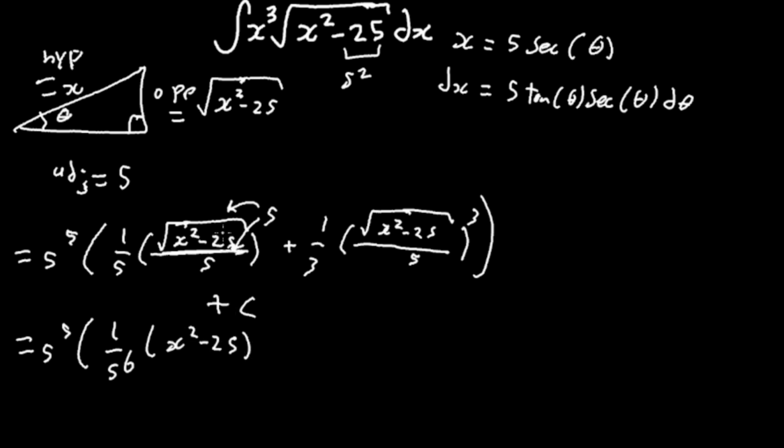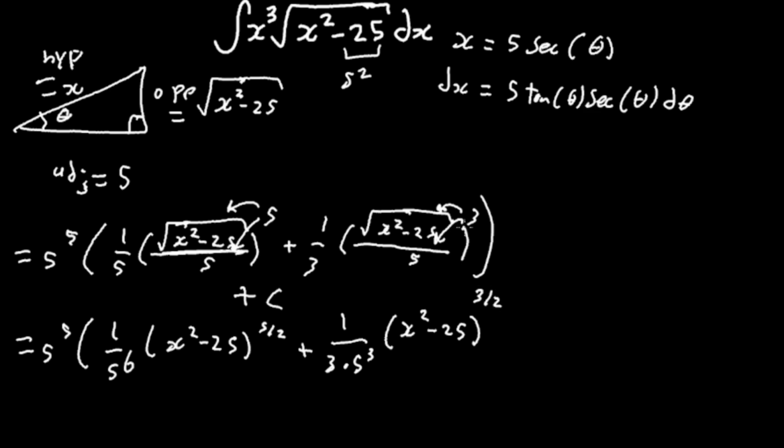We have a square root and then a 5th power, so that's the 5/2 power. Plus, this looks like 56, but that's 5 to the 6th. And then we have 1 over 3 times 5 to the 3rd power, because that 3rd power goes to both of those, times x squared minus 25 to the 3/2, because 3rd power in a square root is the 3/2 power, plus c.